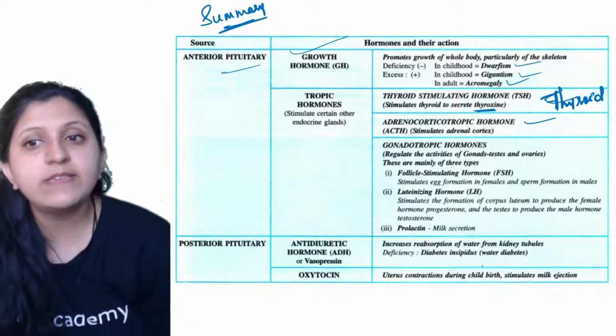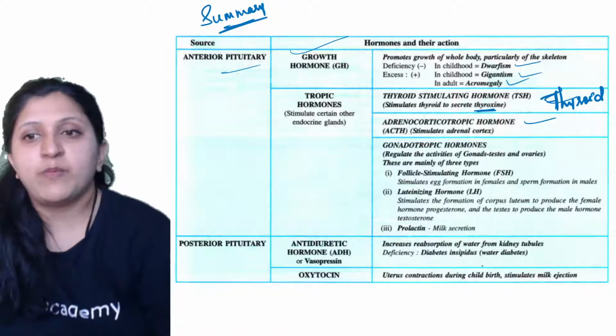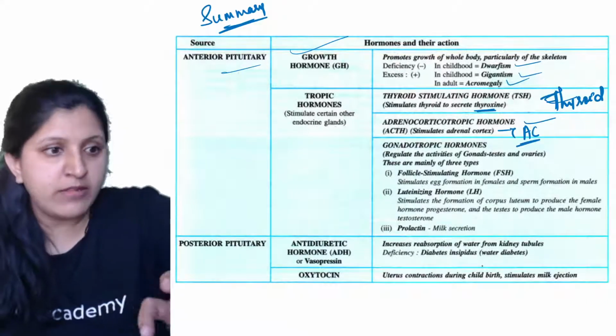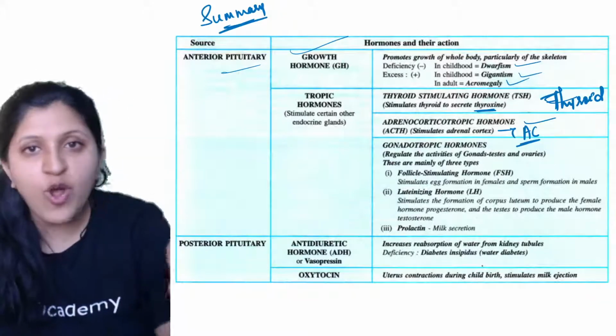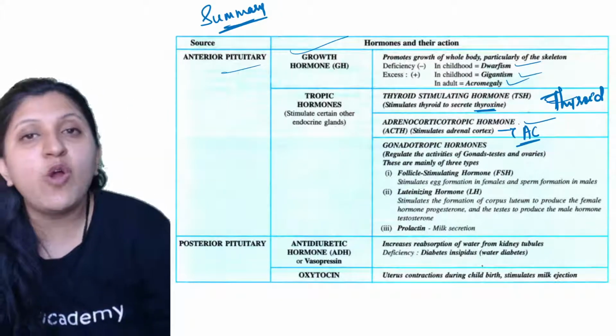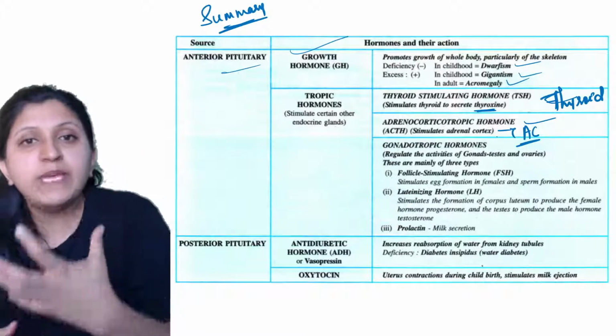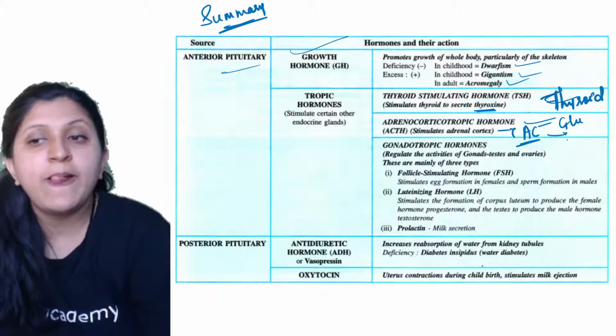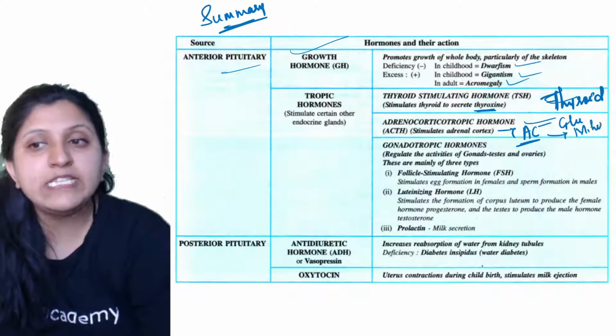Here, adrenocorticotropic hormone acts on the adrenal cortex. The adrenal gland has a cortex region, and adrenal cortex hormones are released there, basically glucocorticoid and mineralocorticoid.